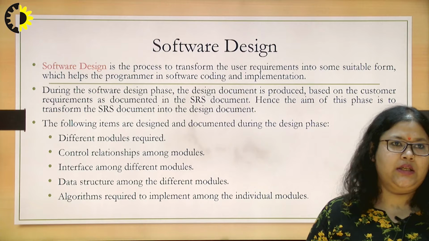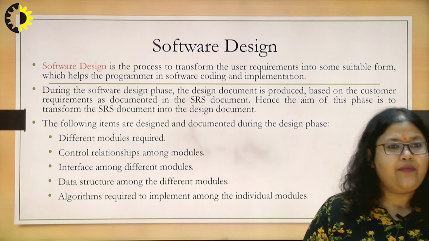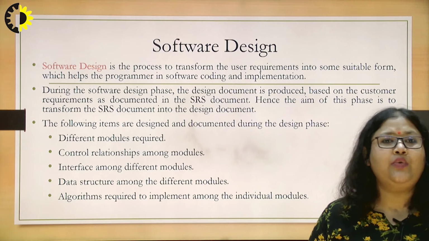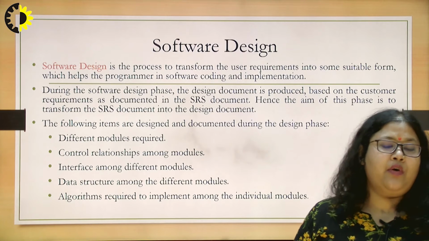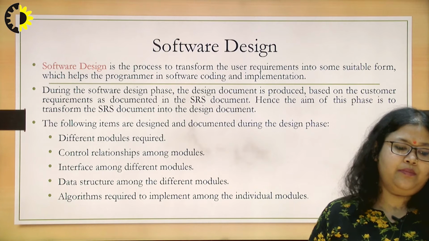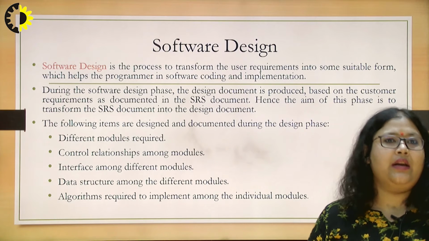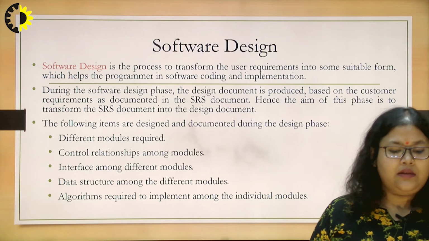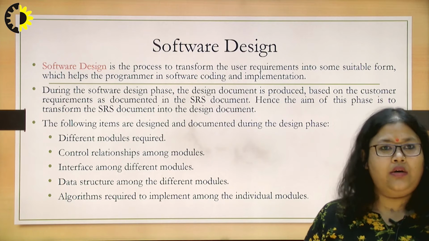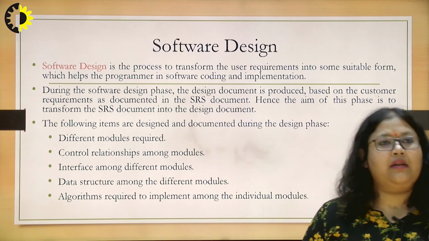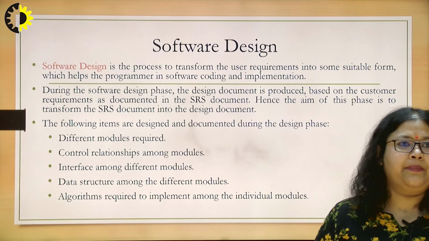What it means is we have to transform all the requirements required by the user into a graphical form, so that the programmer can easily point out each and every requirement in a very suitable way, and easily code these particular requirements and implement them. So this is the basic criteria of the software design.